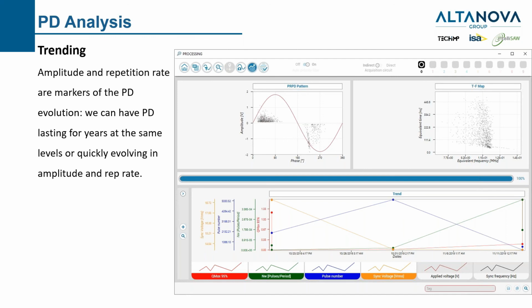In other cases, we have seen that in 1 year, the PD phenomenon increased and doubled its magnitude and doubled its repetition rate. So it was that kind of information that triggered more attention compared to a stable high-level PD phenomenon. The growth of the PD phenomenon means an evolution in the defect that can be very harmful for the asset.